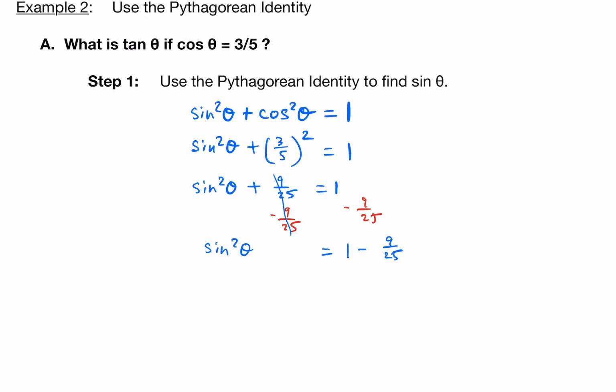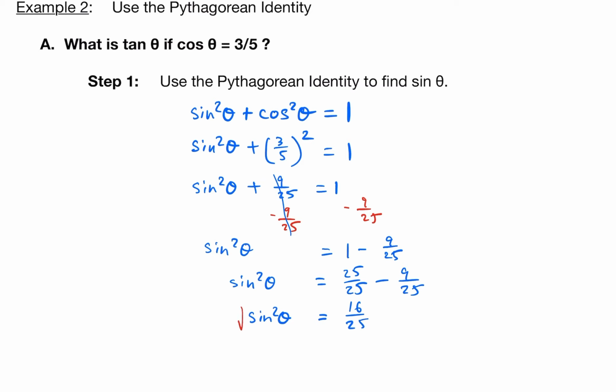We want to combine these two. In order to do that, this number has to have a denominator of 25. So we can rewrite 1 as 25 over 25, and now we can subtract 9/25. Sine squared theta works out to be 16 over 25.